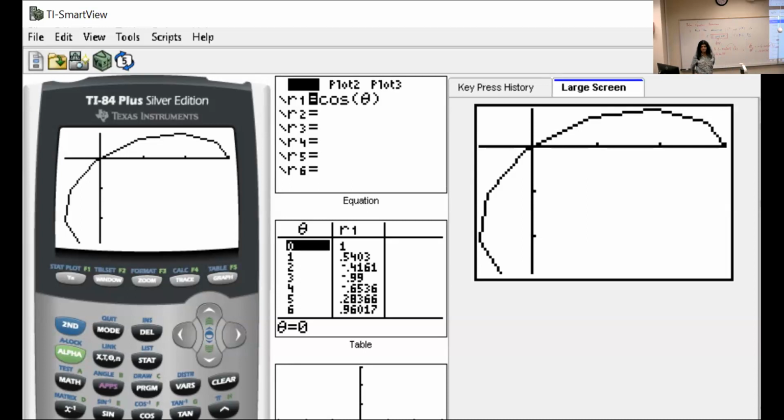Do we remember the first derivative test? Calculus 1.